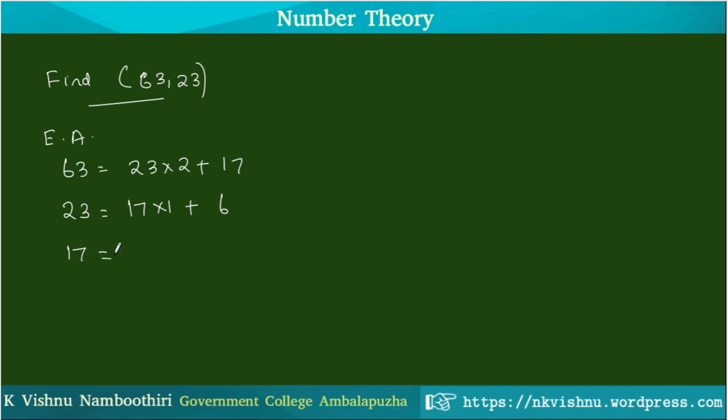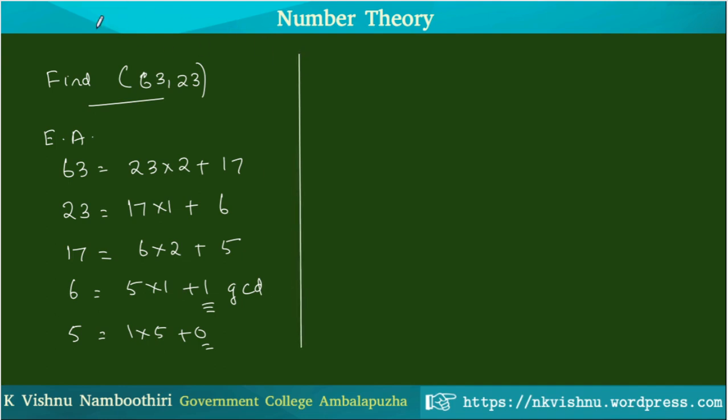Now 17 equal to 6 into 2 plus 5, and now 6 is equal to 5 into 1 plus 1, and here we are getting the GCD, the least possible positive remainder, not zero remainder, because after 1, of course we can go to the next step and see that 5 is equal to 1 into 5 plus 0. So we got 0 here, and the GCD is the last nonzero remainder. Therefore the GCD of 63 and 23 is equal to 1.